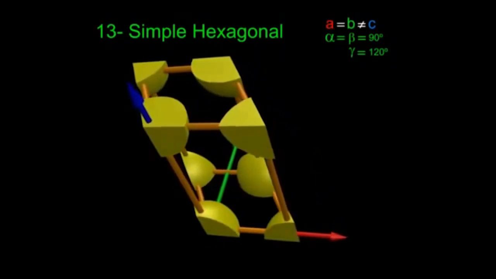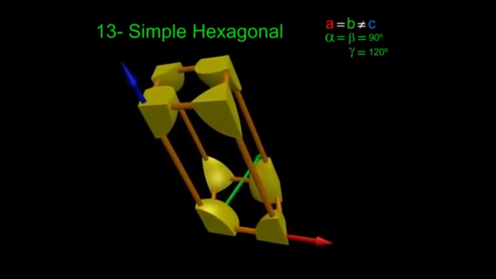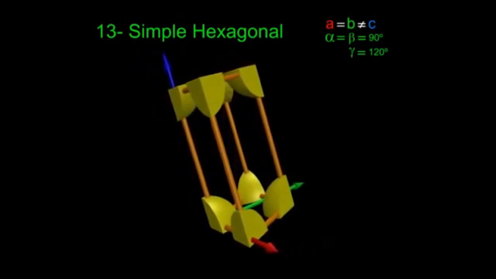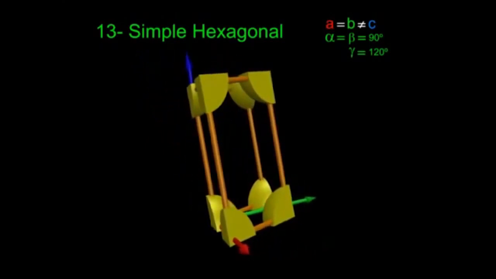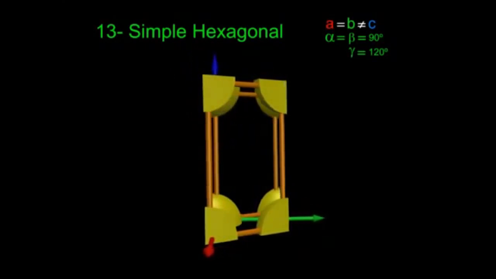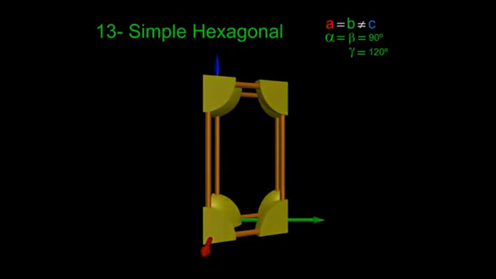On the opposite side also you will have 120 degrees, and the other two sides are less than 90 degrees, and here you can observe 90 degrees bond angles. This is the alpha angle and beta angle, they are 90 degrees. The gamma angle is 120 degrees.